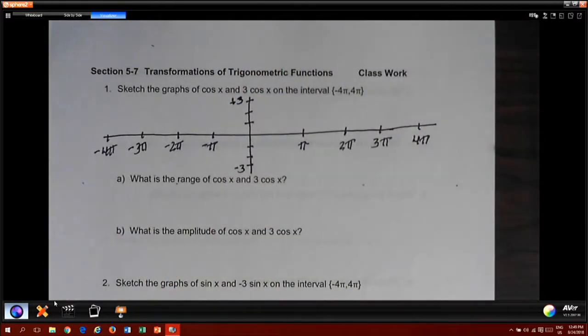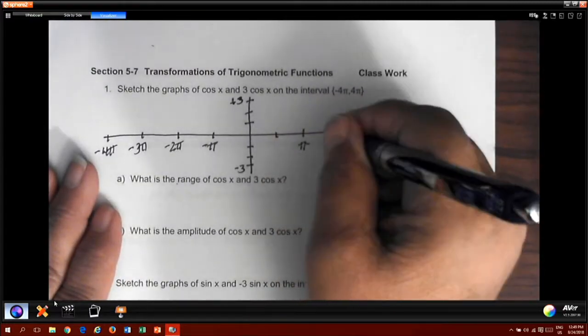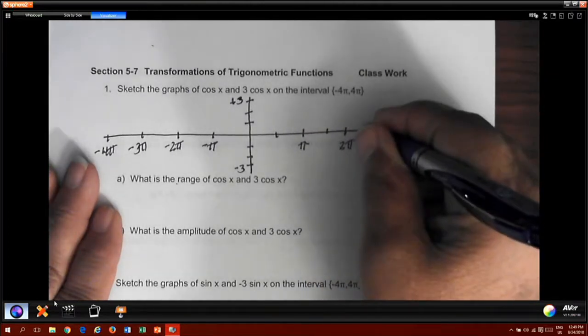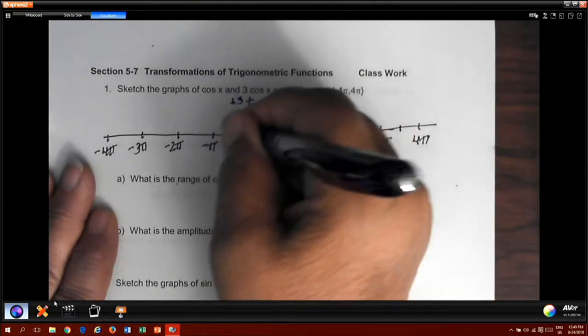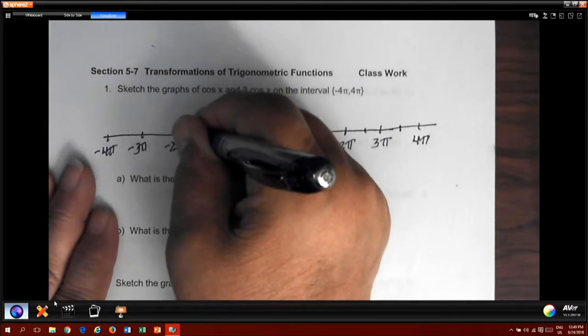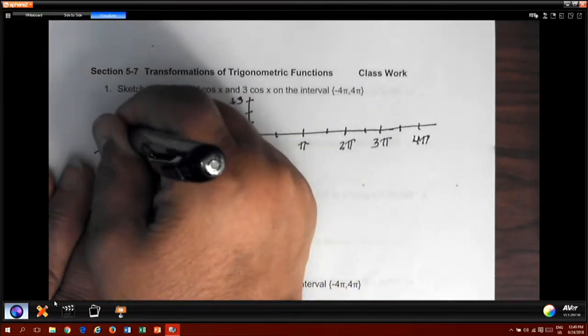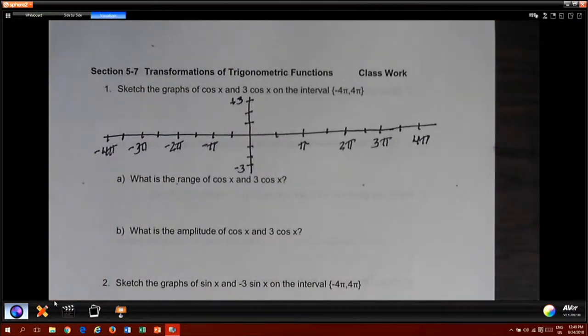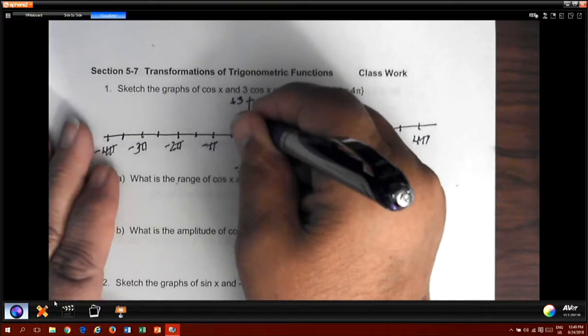Now, when we're doing graphing, we basically work with the quadrantal angles. So that would be pi over 2, 3 pi over 2, and so on. So, in general, cosine at 0 is 1.